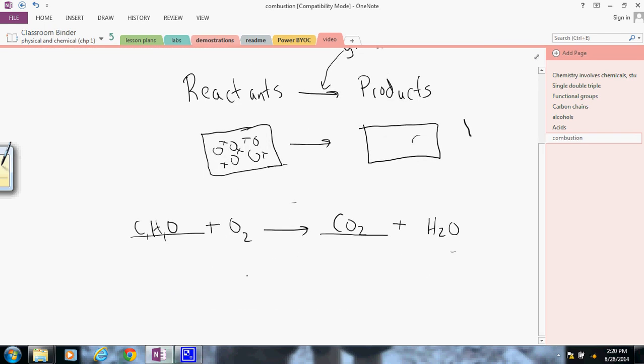If you were to restrict the oxygen, you would get a slightly different product. Again, we're burning some sort of hydrocarbon, doesn't make a difference, but we would get carbon monoxide and water. We're almost always doing complete combustion, so unless they tell otherwise, we call this complete versus incomplete.